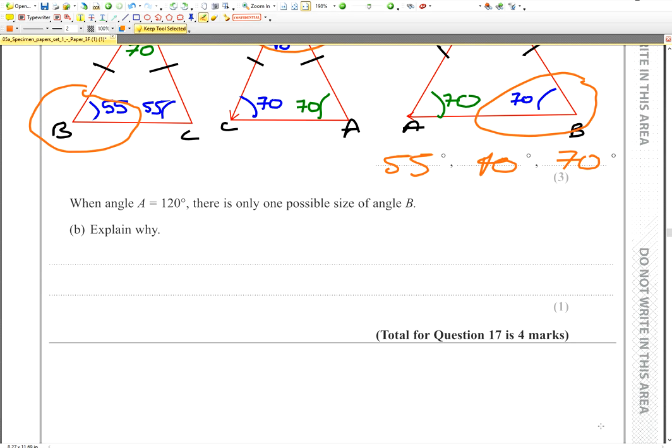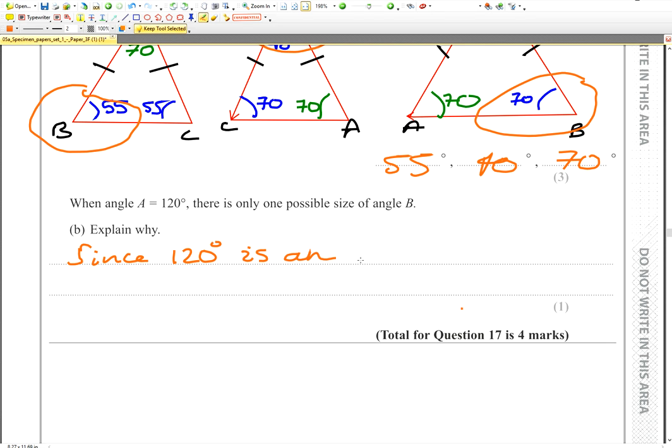It says when angle A is 120, there's only one possible size of angle B. Explain why for that question. Let's see if I have any good explanation which we can write. So we say, since 120 degrees, what type of angle, students, is the 120?